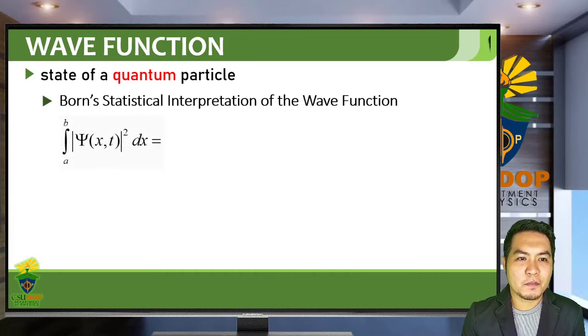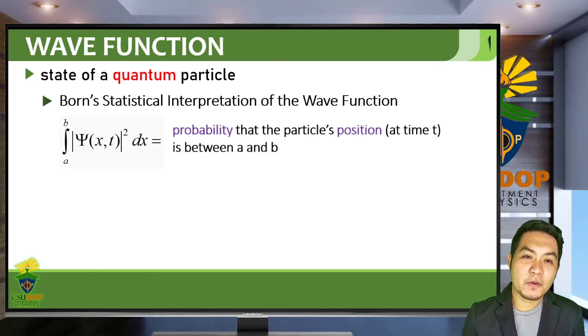So according to Born, if you integrate the absolute value of psi squared over a measure, say dx, then this will give you the probability that a particle's position at a certain time t is between A and B. Or in other words, this gives you the probability of finding a particle between A and B. What's the chance that the particle is between A and B?